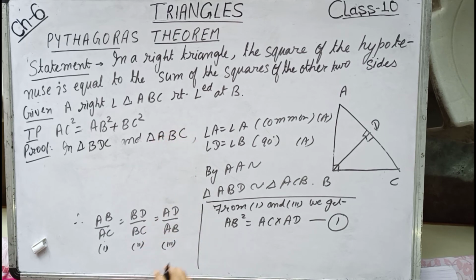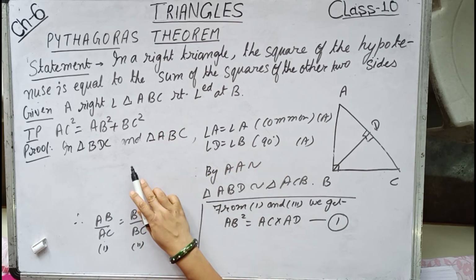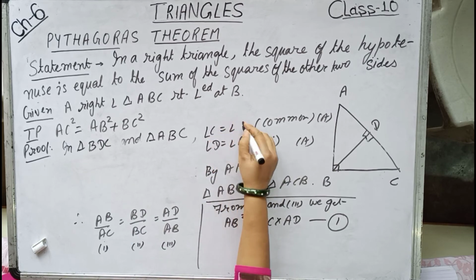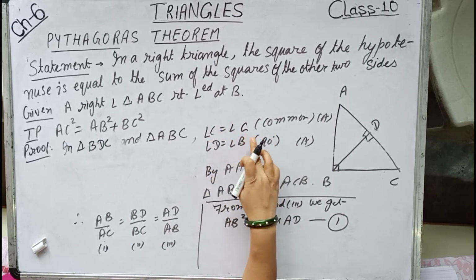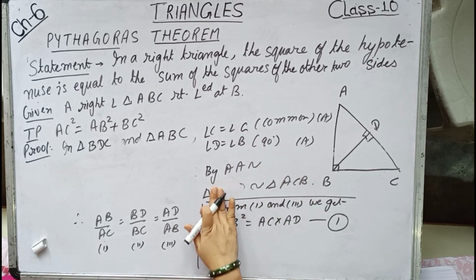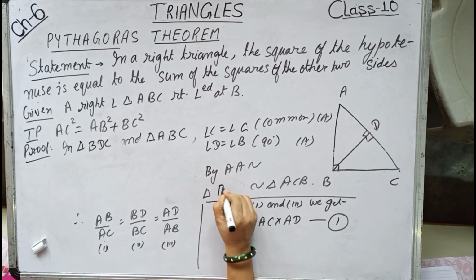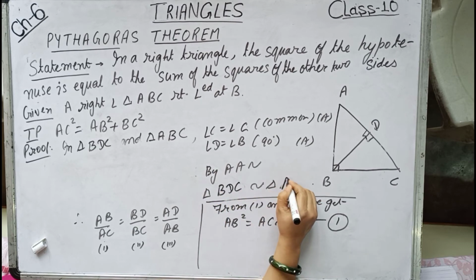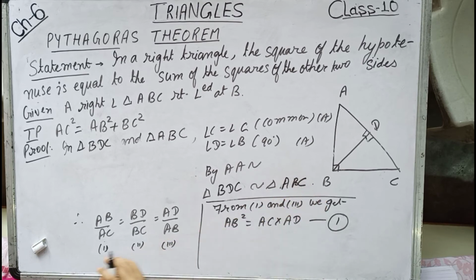So in triangle ABC, so angle C equals angle C common, angle D equals angle B, 90 degree. So by double A similarity, triangle BDC is similar to triangle ABC.